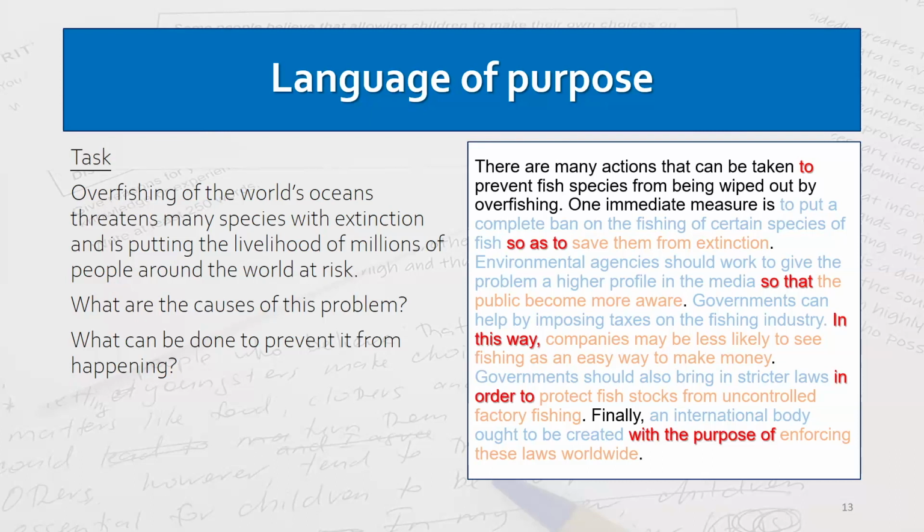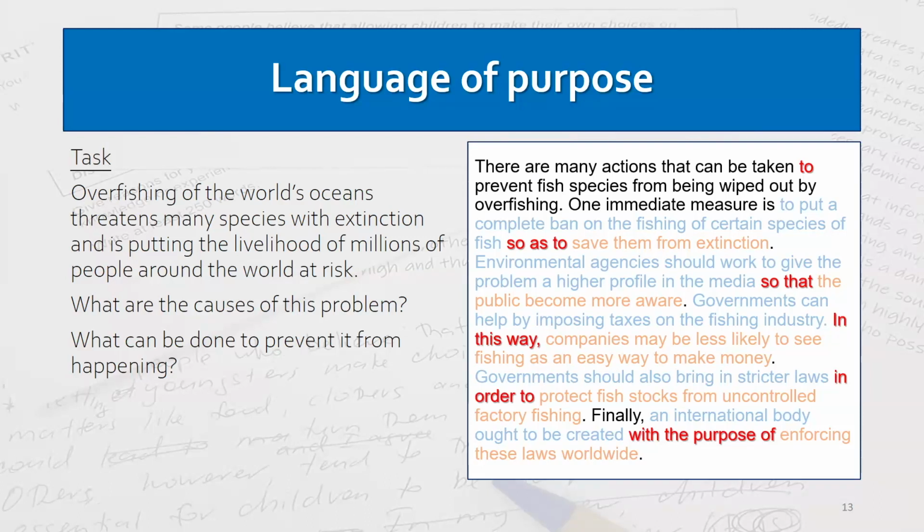Like the example here. But let me remind you again that after words like with the purpose of, with a view to, with the aim of, after these phrases, we need to use a noun phrase here. So that's why here you can see enforcing these laws worldwide.